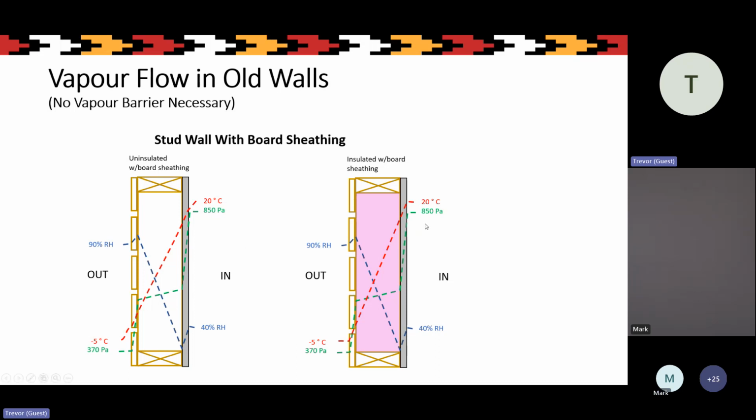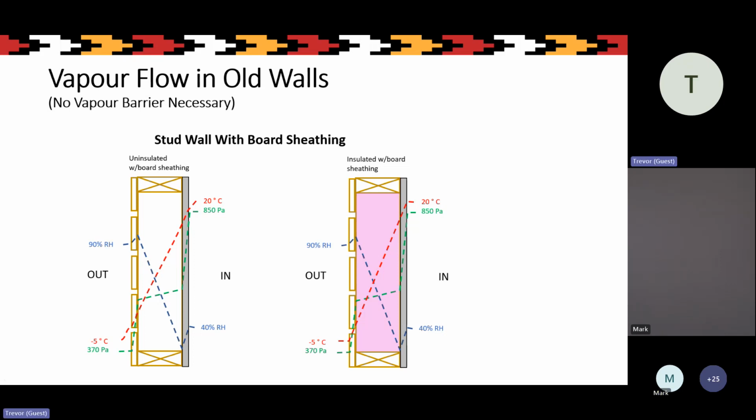The only reason I put this one up here is that if you have insulation in this type of wall, it doesn't really change much. It's the same thing in that you really don't have much reason for relative humidity to go up much above exterior conditions when you have more vapor open material on the outside, and less on the inside, or more vapor tight on the inside.